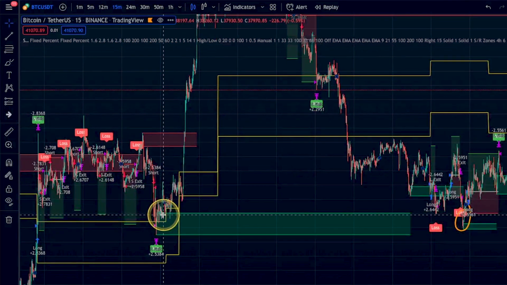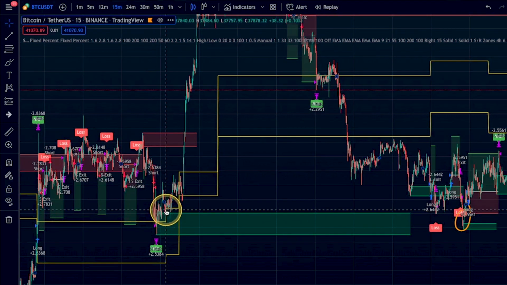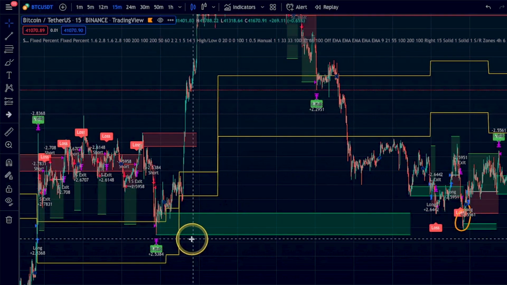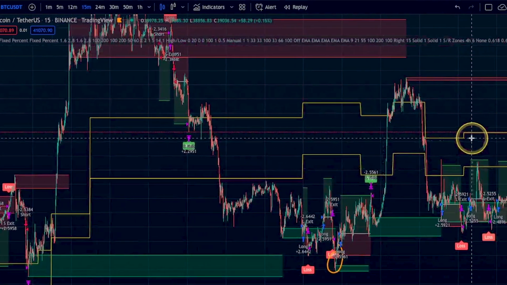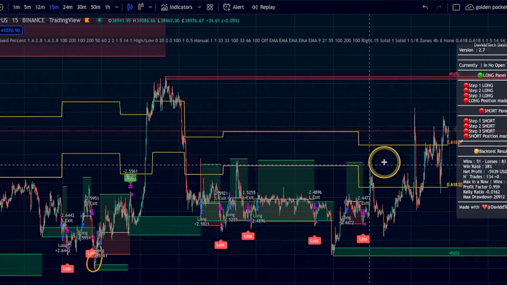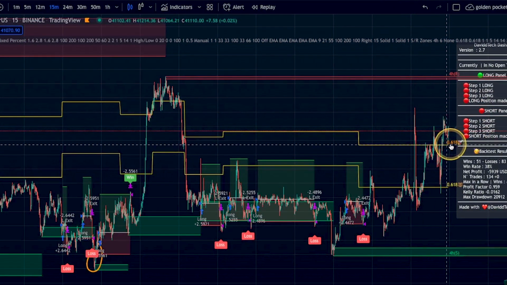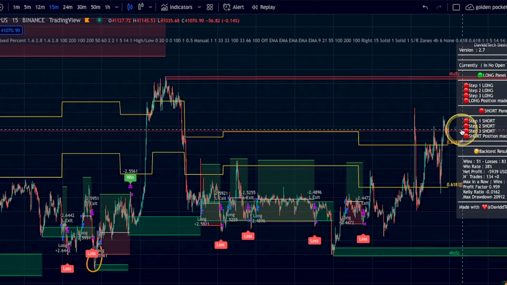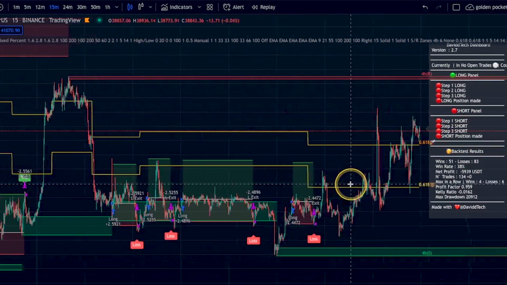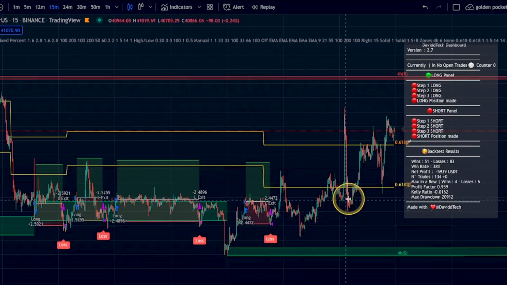Same goes for longs. As we come and break into this zone, which is supported by volume, we're going to actually take a long. Now, these yellow lines here are the Fibonacci 0.618 for bearish and bullish signals. So we're going to be taking profit on them.